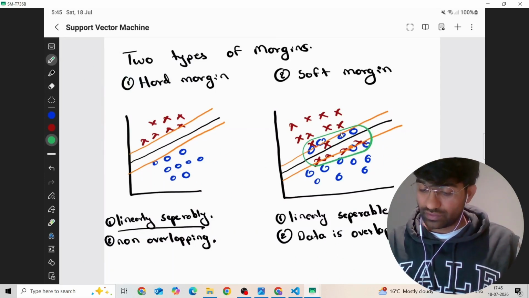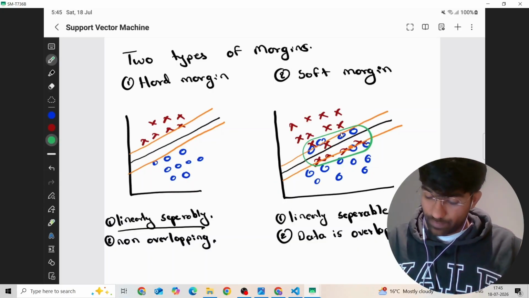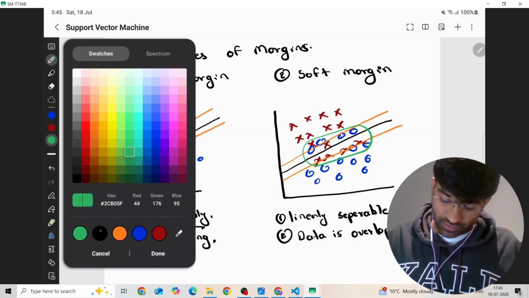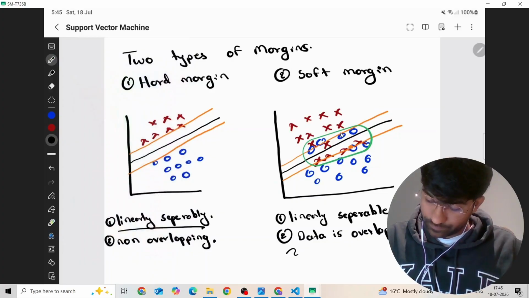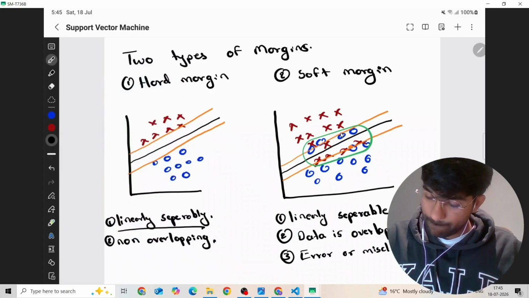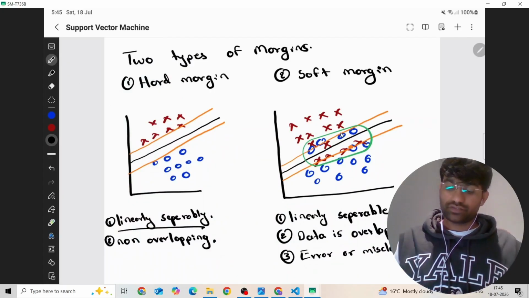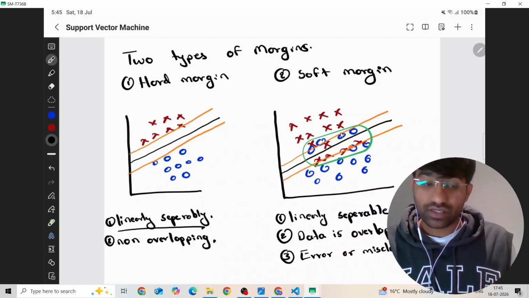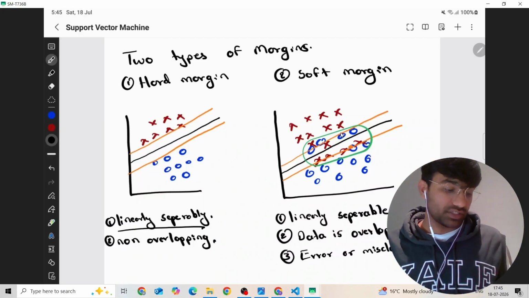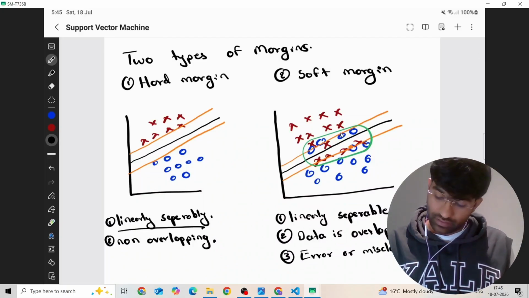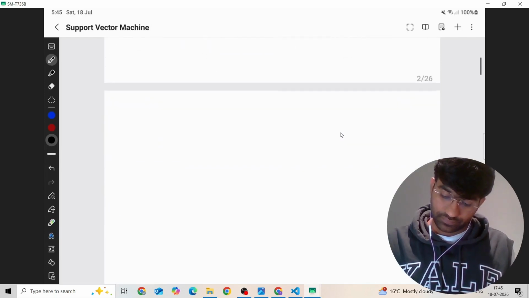So this is known as soft margin, where the data is overlapping and there will be chances of error or misclassification because of overlapping. So this is the difference between soft margin and hard margin.